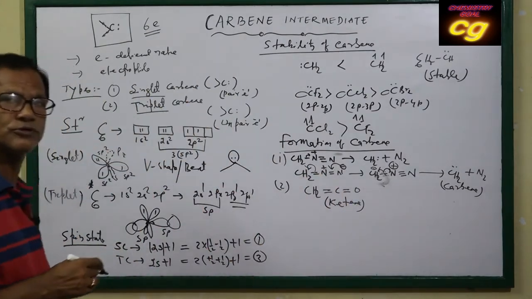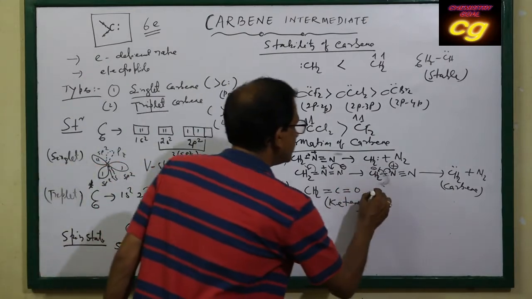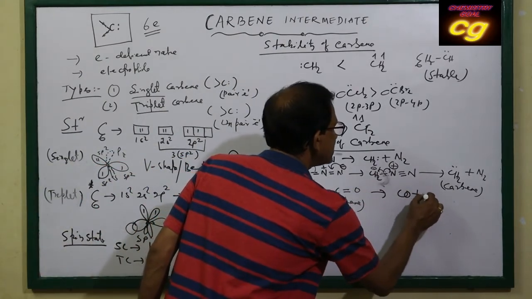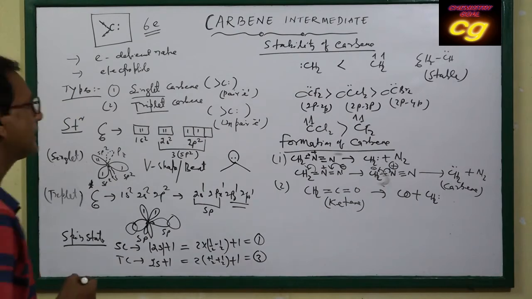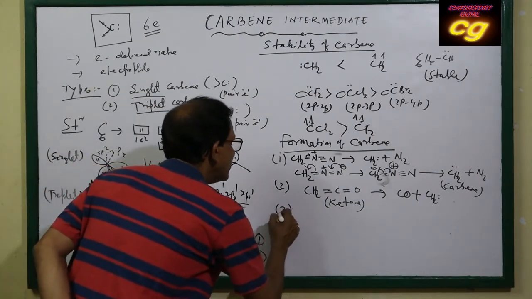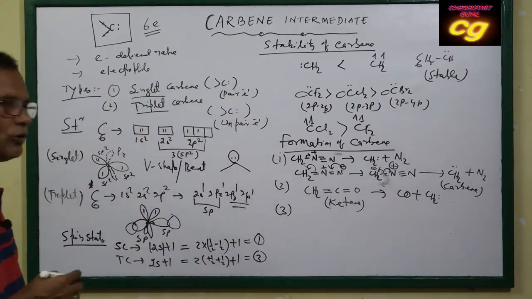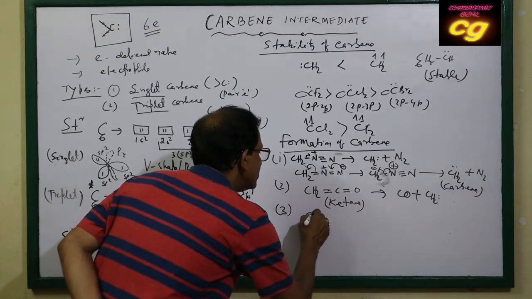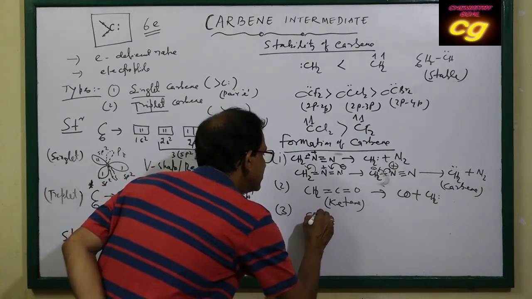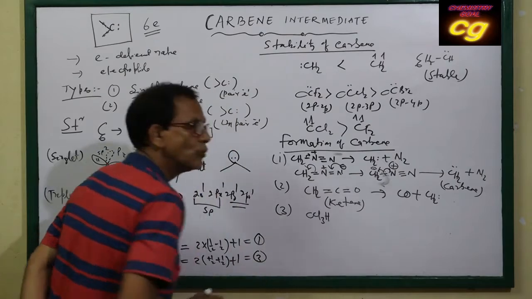Ketene also produces carbene, like this: carbon monoxide and CH2. And carbene is also produced by trihaloalkanes, trihalo compounds. Suppose CCl3H, that is chloroform.